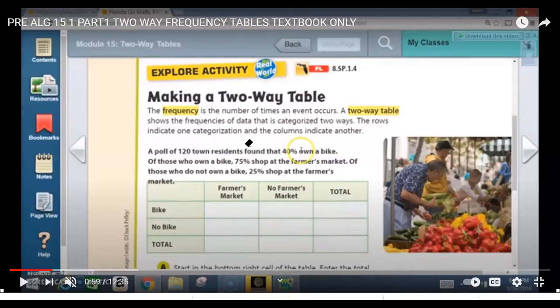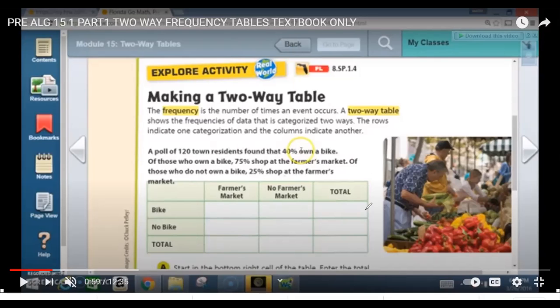With the frequency table here, it says a poll of 120 town residents found that 40% own a bike. Then the total number of people in this town, how many? The total number is 120.